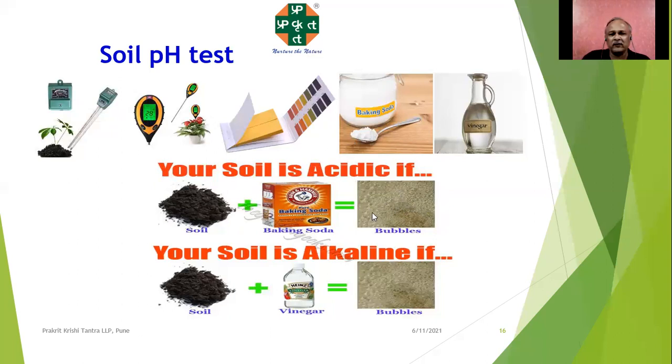The quantity of froth, how fast it is frothing, will determine the extent of acidity in the soil, because baking soda is an alkaline salt. So when you add it to acidic soil, it will give the froth. So baking soda will determine the acidic level of the soil, and if there is no reaction, that means the soil is not acidic.